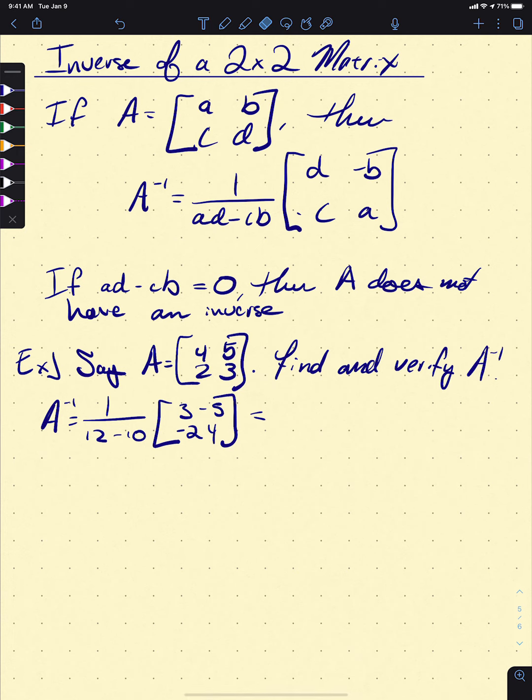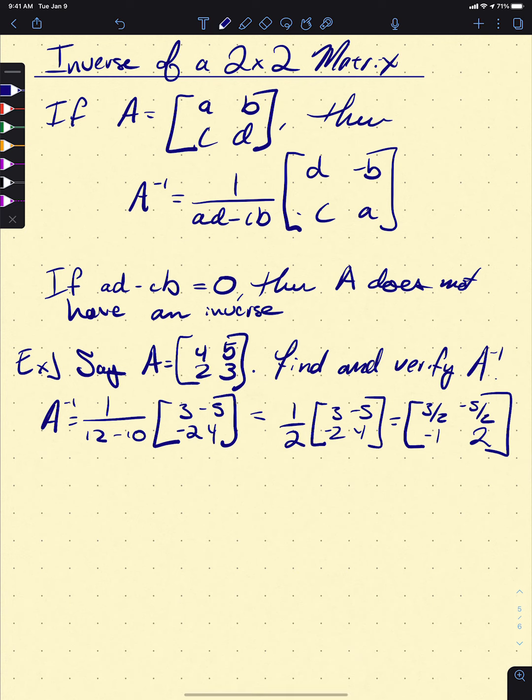What does this come out to? This comes out to 1/2, since 10 minus 12 is 2, times 3, minus 5, negative 2, and 4. Or if you want to distribute that in, it looks like it's going to be 3/2, minus 5/2, negative 1, and 2.